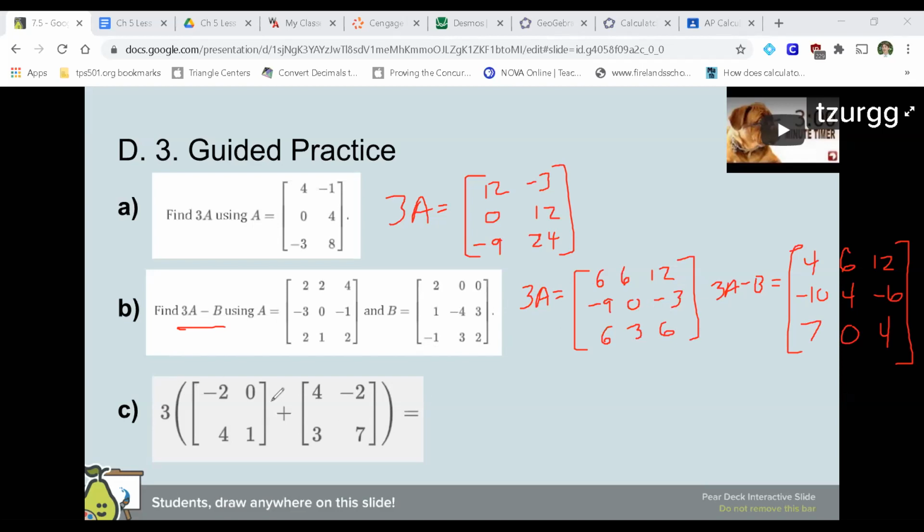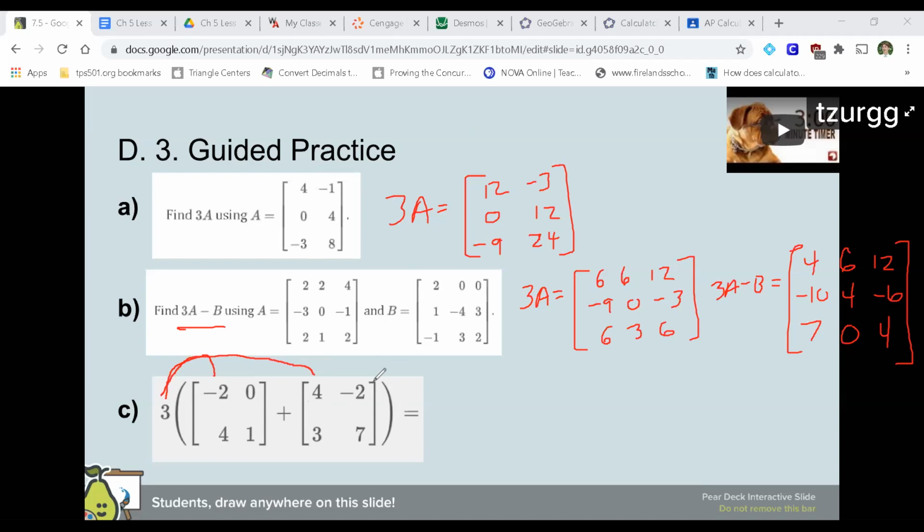For this last one, you actually have two options. You can distribute this 3 to both matrices and then add them together, or follow order of operations, add them together, and then multiply by 3. It doesn't matter whether you choose to distribute and then add, or add and then multiply the answer by 3. I'm going to go ahead and distribute. I'm that kind of guy.